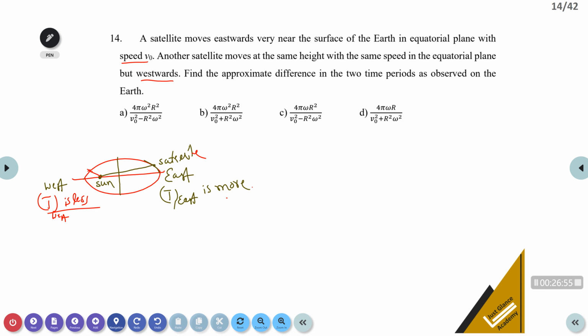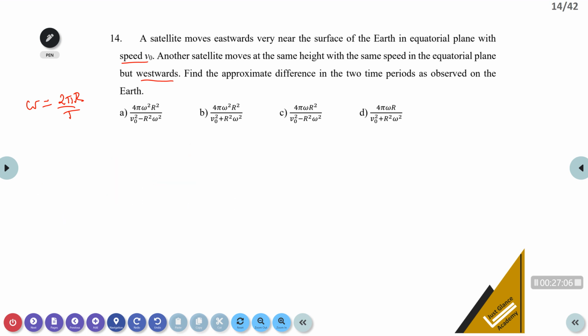Time period T equals 2 pi r divided by v. We know this relation; you have to use it. Here, students, T on the east side equals 2 pi r divided by, as I told you, on the east side the satellite rotates very slowly.